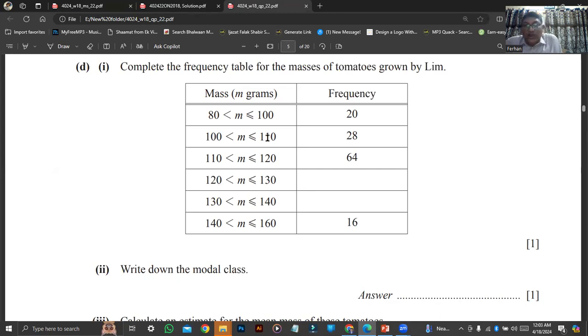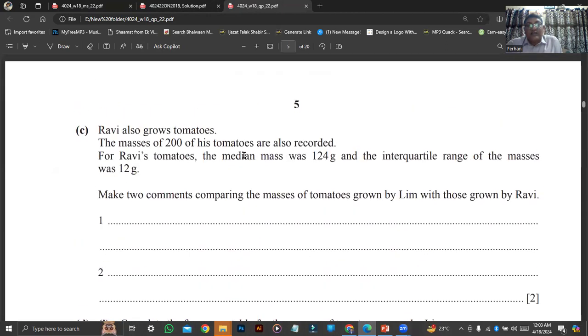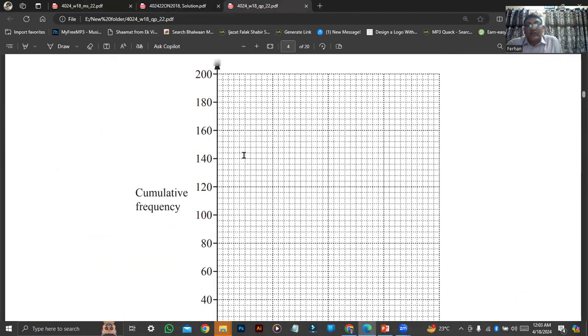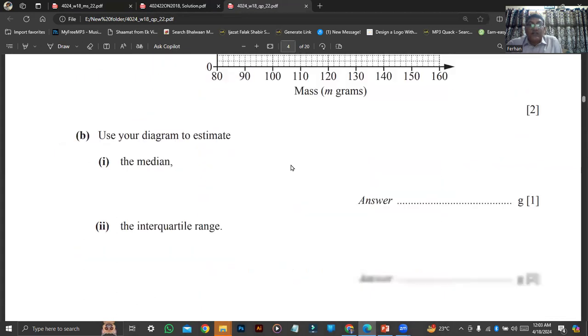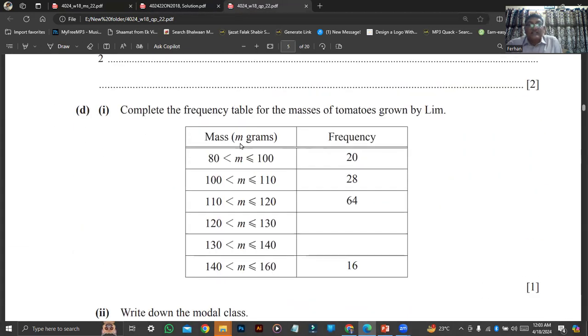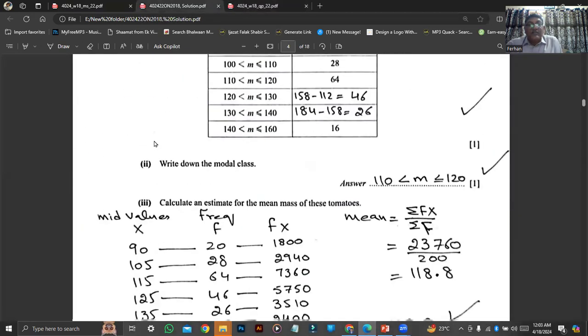In the same way, I hope you understand what I'm saying. For example, I will check the cumulative frequency for 130 and for 120. For 130, it is 158, and for 120, it is 112. From 158, subtract 112, and you will get the frequency for that class. So this is the way we will do that.